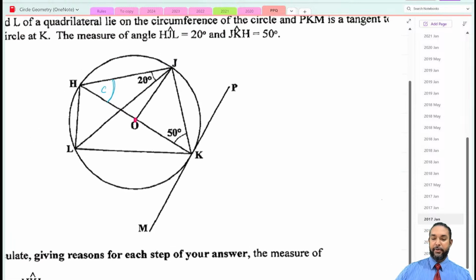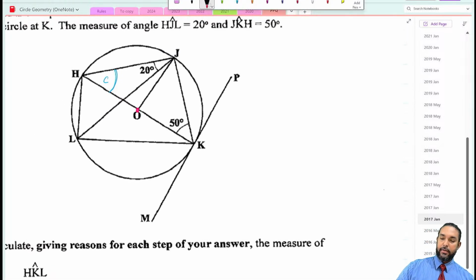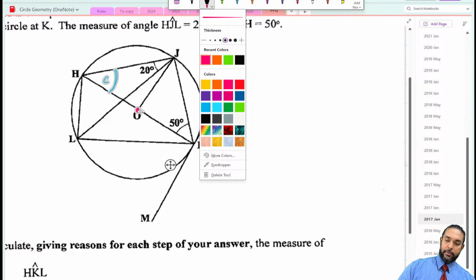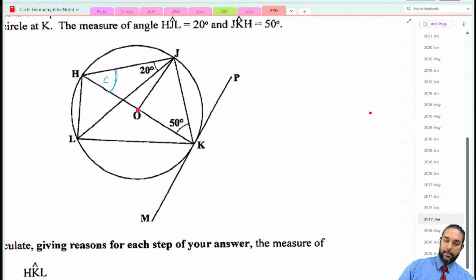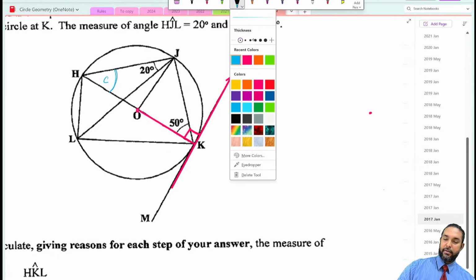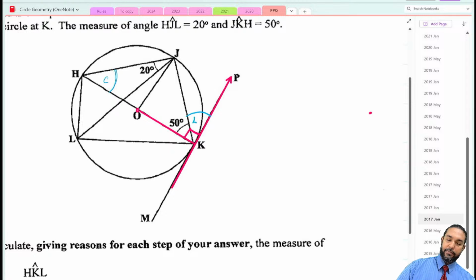Right. So you would have to make sure and see that this is a radius, this is a tangent, and the angle between them is 90 degrees, right? Which means that this angle on the outside here is 40, not so?